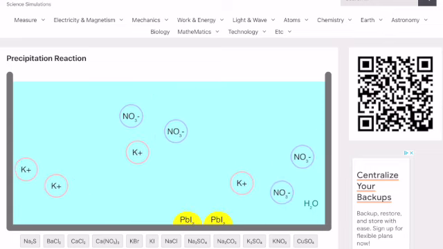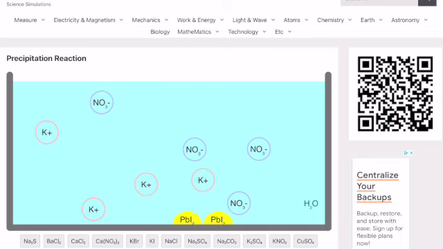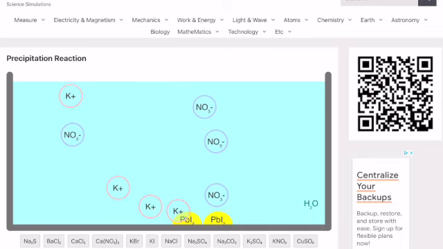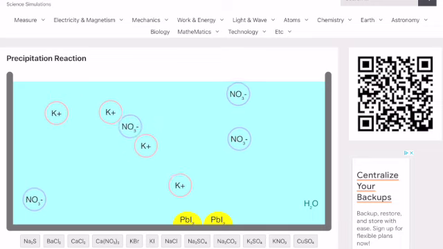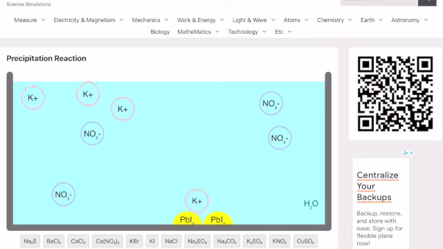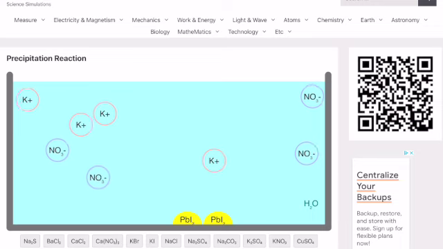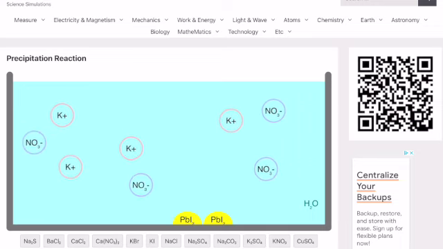That's a solid. The attractive forces between the lead and the iodide are now stronger than lead in water or iodide in water. So they have formed a new compound and have dropped out of solution in the form of what we call a precipitate.